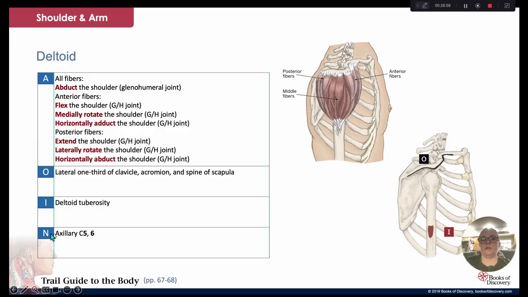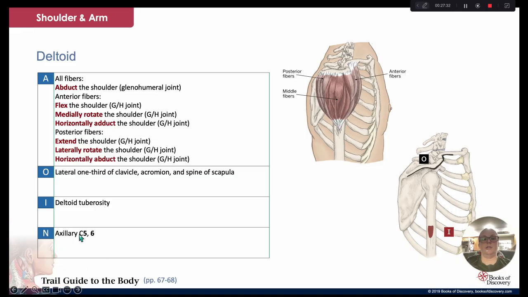So we got N also, which is the nerves that innervate that muscle. So we're not going to dive deep into the nerves, but just for your reference, you can kind of see which nerves innervate that muscle. Now, for like future, if you know somebody is having problems with certain vertebrae, maybe they have a herniated or bulging disc or some disc degeneration, it might start affecting the nerves that are directly coming from that specific vertebrae.